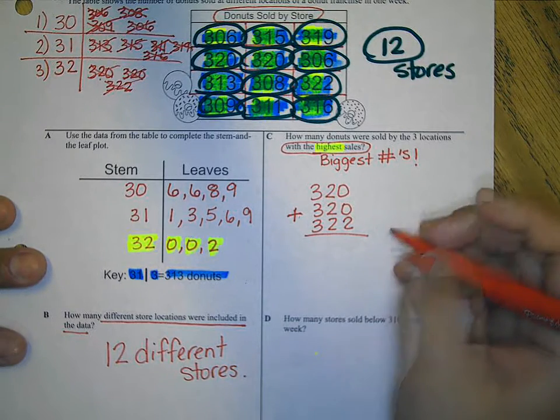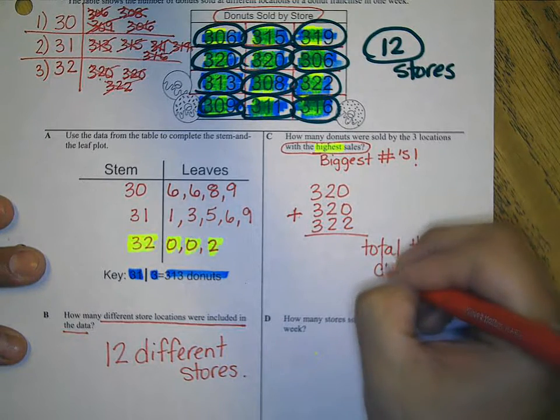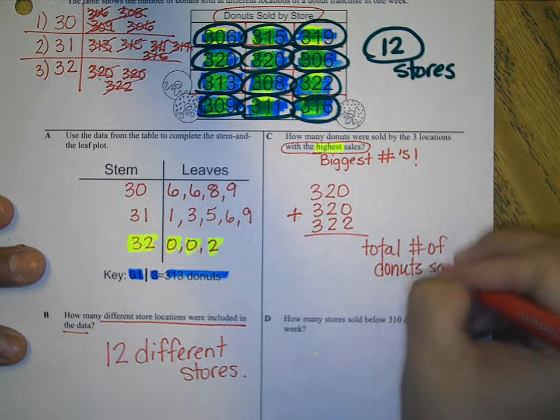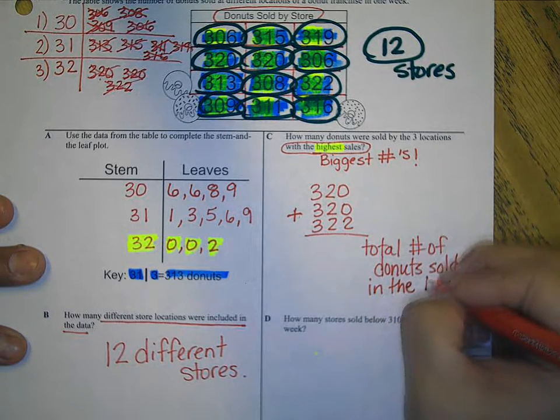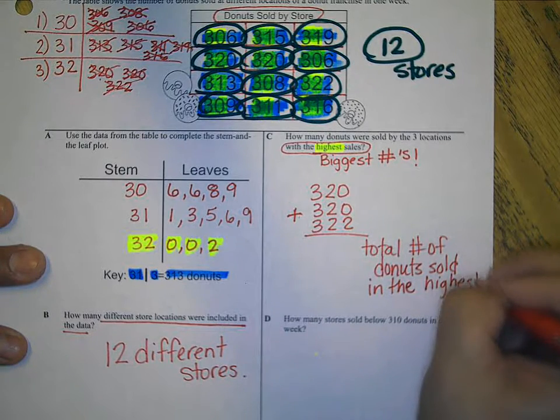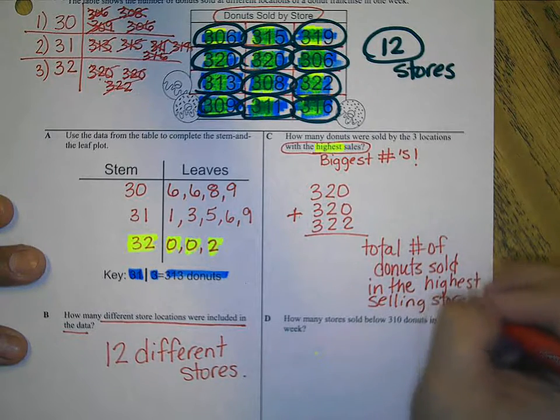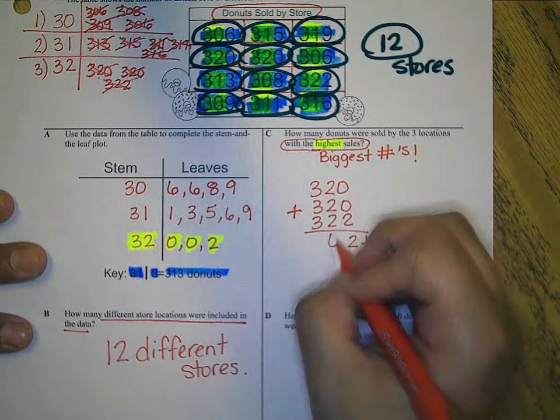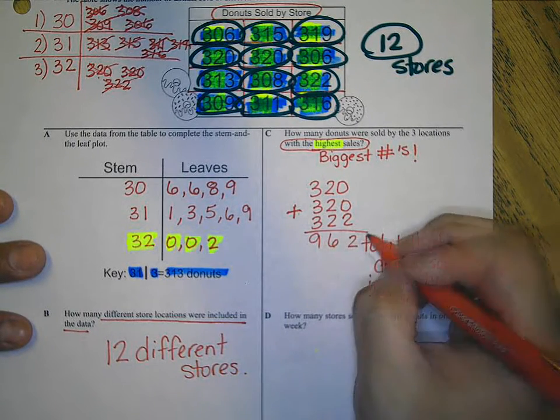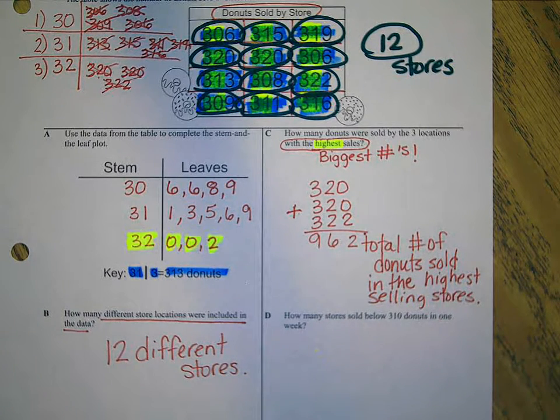I'm adding them all up to find out my total number of donuts sold in the highest selling stores, right? Yes? So what answer do you get? 962 total number of donuts. Everybody see that?